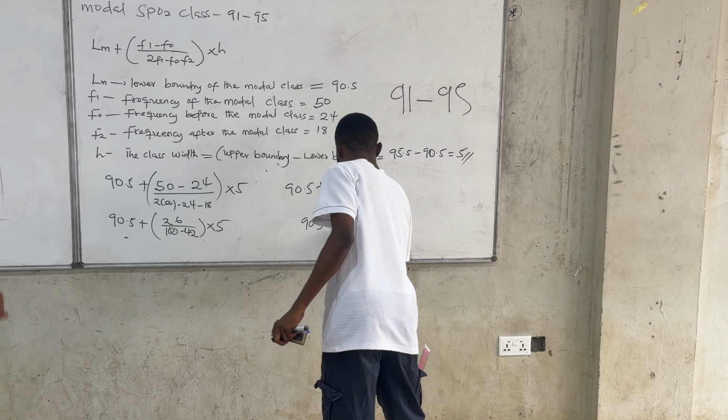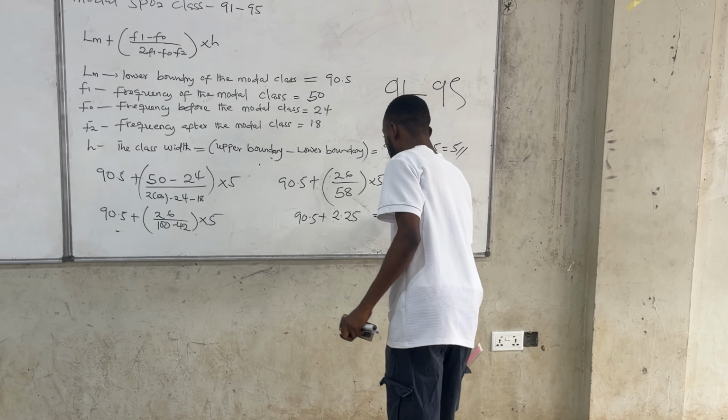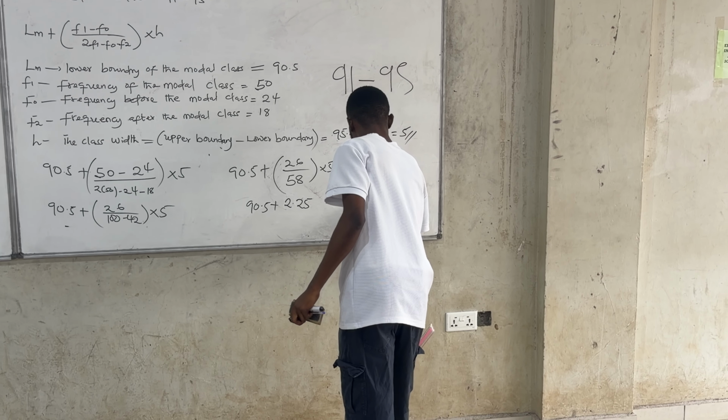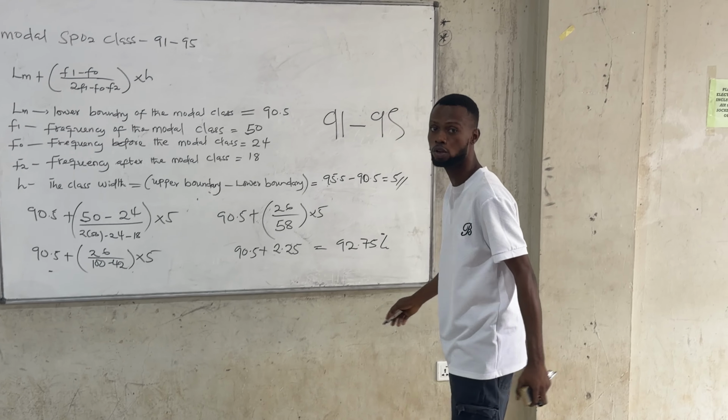You get 2.25. So therefore the answer will be 92.75, right? It's SPO2, so it should be in percentage.